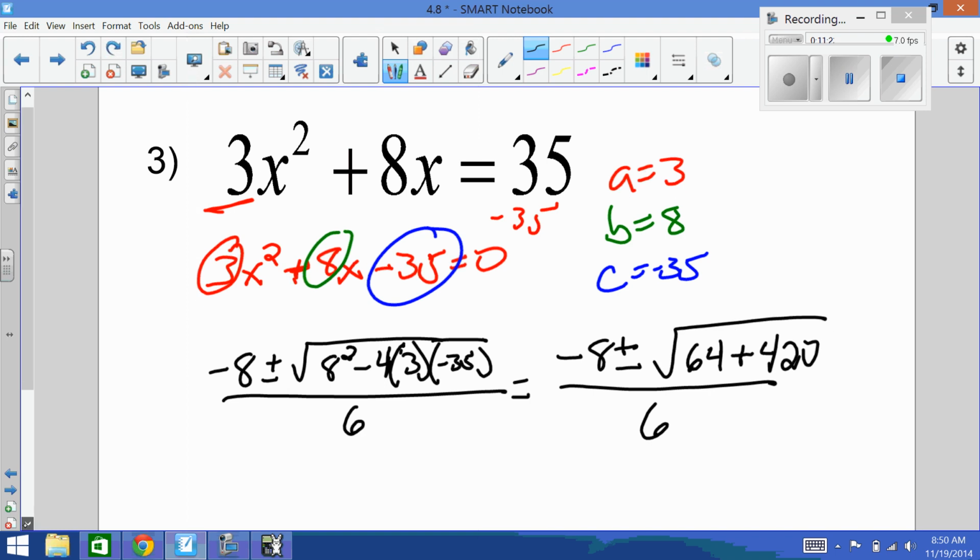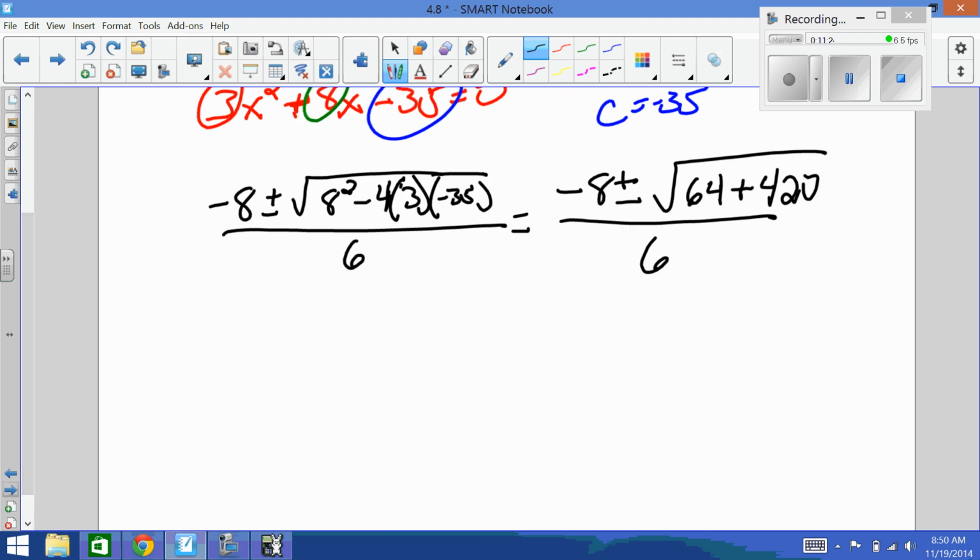Now we simplify that. So we have negative 8 plus and minus the square root of 484 all over 6.